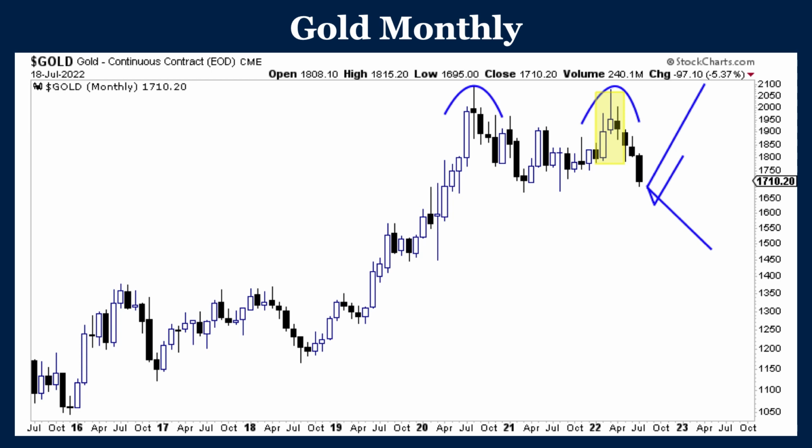And so when you look at a lot of long-term charts, this does look like a double top, but we can't always go by looks. Nevertheless, this does have the makings of a double top in this market. And further evidence of that is the aggressive sell-off that we've seen.